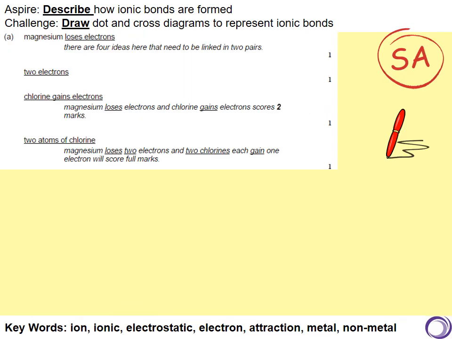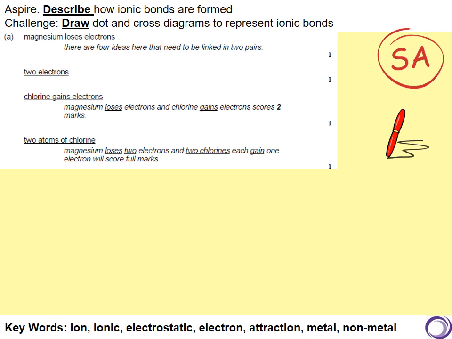Okay, so grab a red pen and let's mark this question. So if you said that magnesium lost electrons, you gained 1 mark. If you said magnesium lost 2 electrons, you get that 2nd mark. If you said that chlorine needed to gain electrons, you gained 1 mark.